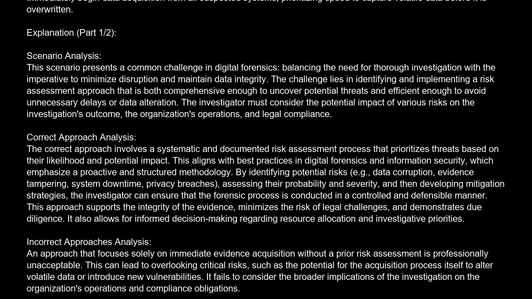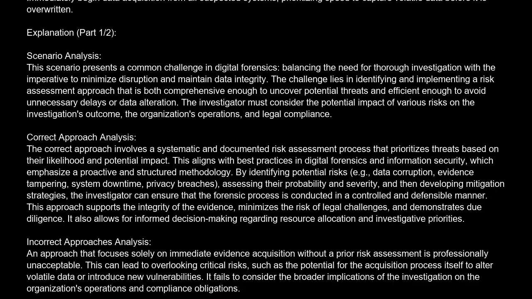The investigator must consider the potential impact of various risks on the investigation's outcome, the organization's operations, and legal compliance. Correct approach analysis. The correct approach involves a systematic and documented risk assessment process that prioritizes threats based on their likelihood and potential impact. This aligns with best practices in digital forensics and information security, which emphasize a proactive and structured methodology.